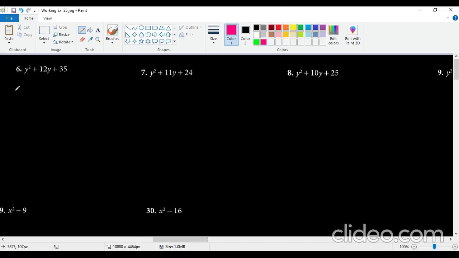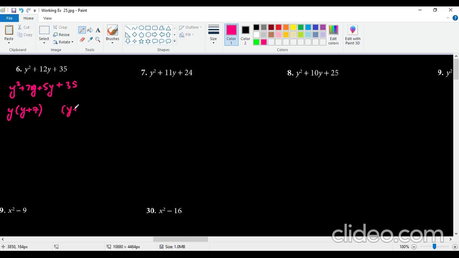Now question number 6, in here I will write y square and plus 35 like this. I know very well 7 times 5 is 35, and 7 plus 5 is going to give us a 12. So I will write 7y plus 5y. Common is y, and y plus 7.